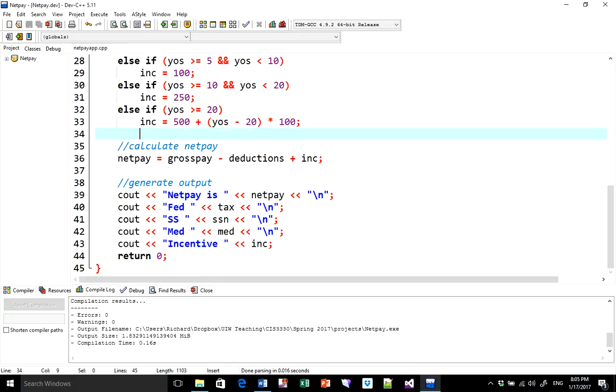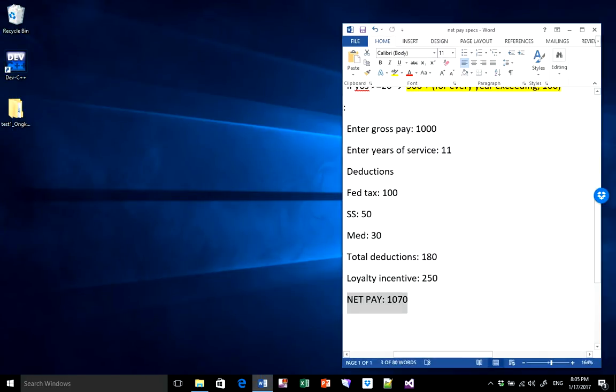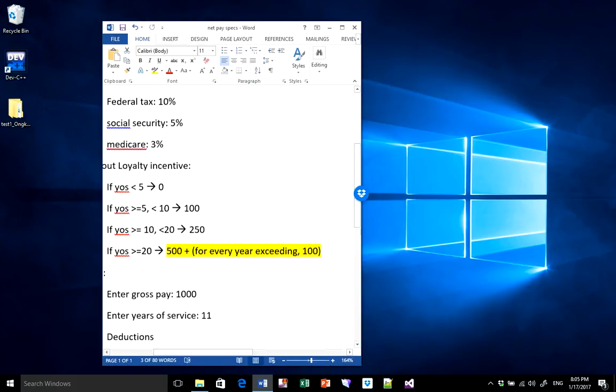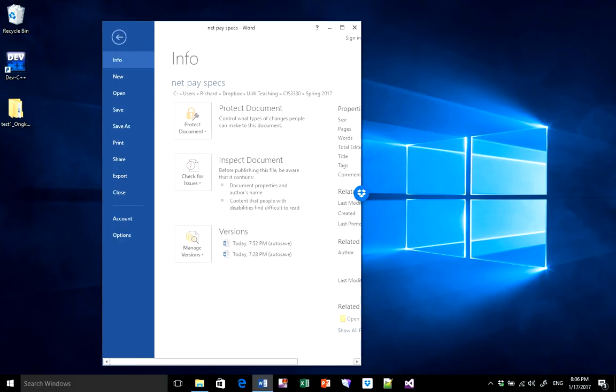The next app we're going to create is a grading app. For the grading app, now you guys have to put it together, so I'm going to give you the specs.